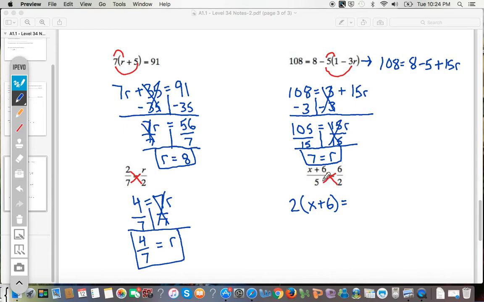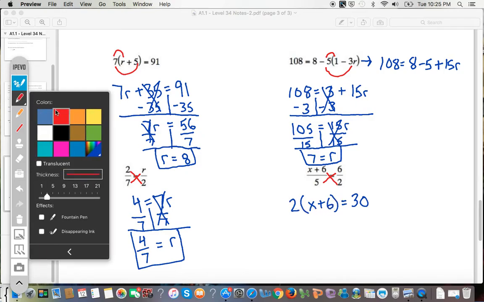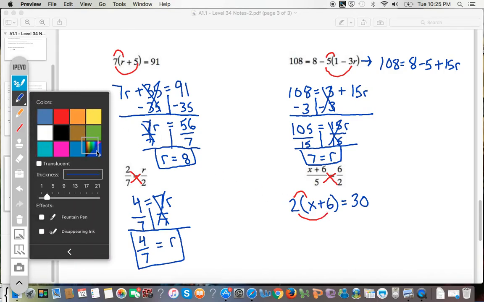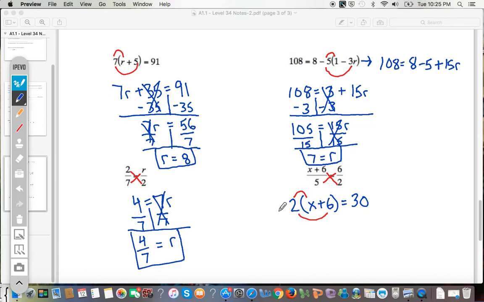Then my equal sign, and I have 5 times 6, which of course is 30. So, I'll draw my lines here, so I know I have to distribute, because we have parentheses. So 2 times x, which is 2x, and 2 times 6, which is 12. Of course, we have our equals 30.